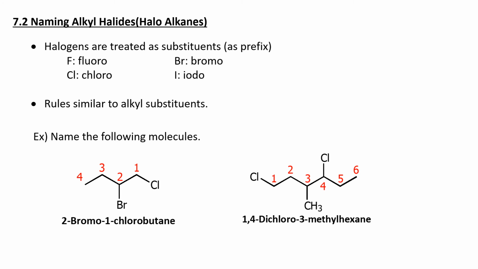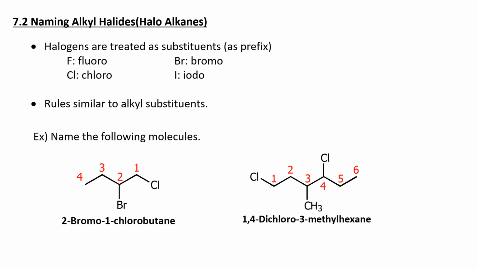The following lecture will cover sections 7.2 to 22.2. This is the second half of our nomenclature unit on naming organic molecules. The first part of the nomenclature unit was strictly dealing with alkanes and cycloalkanes from sections 4.1 and 4.2.